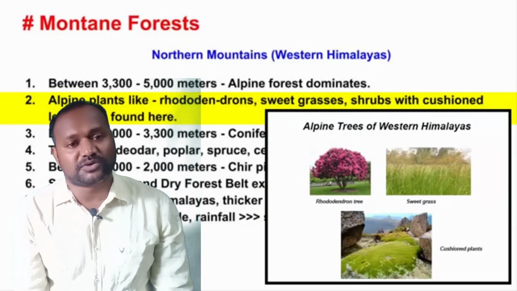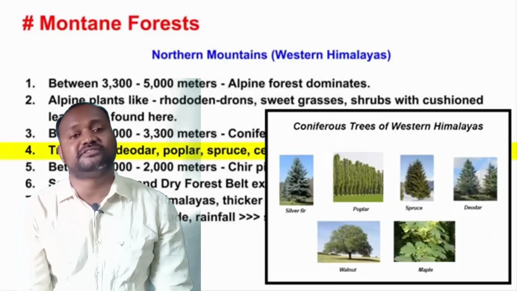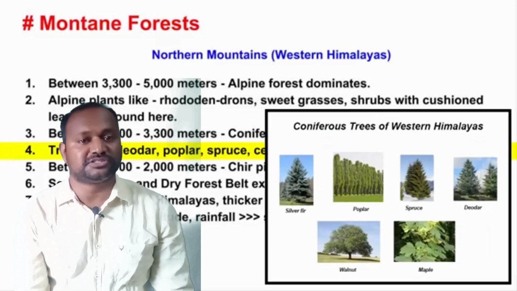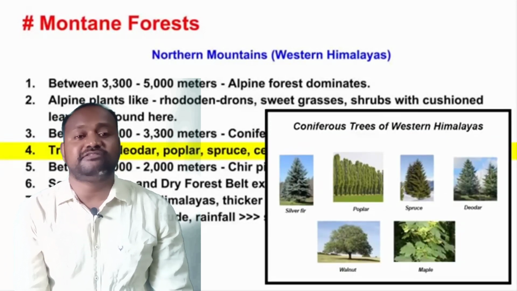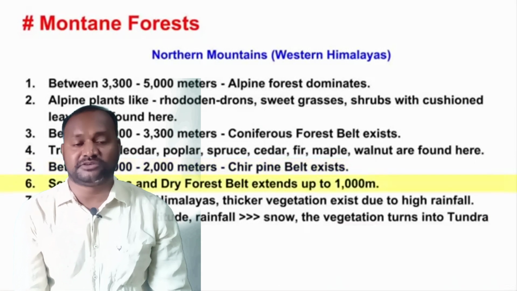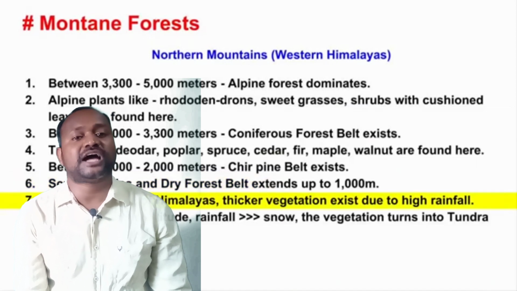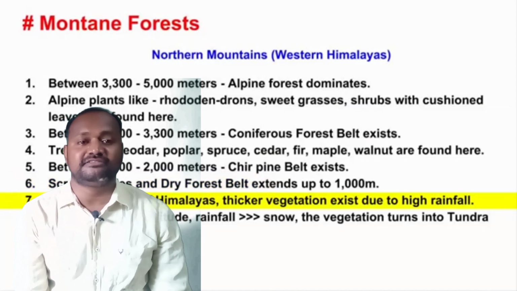Now let's discuss the conservation of forest. As we know, forests are a very important part of our ecosystem, and they are essential for maintaining the balance of our ecosystem and maintaining biodiversity. It is the habitat for wildlife.